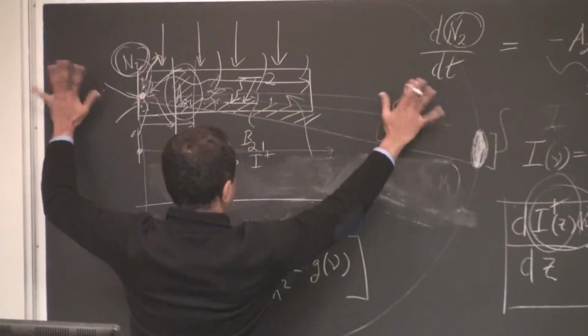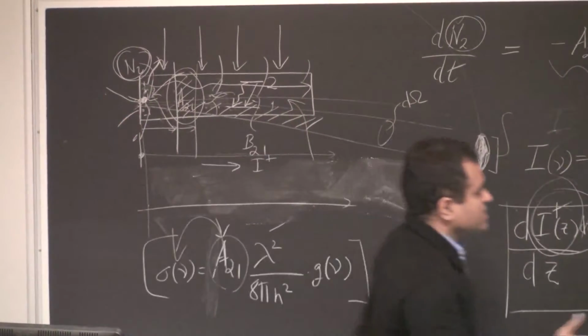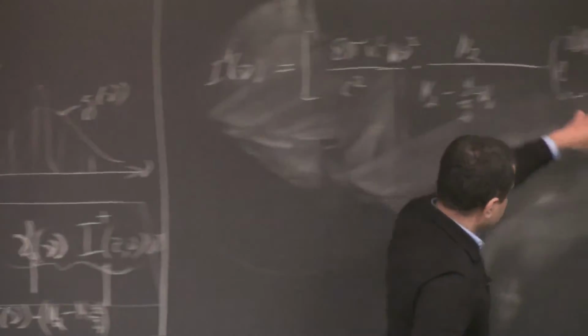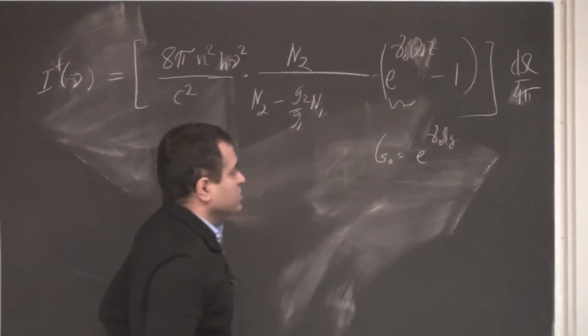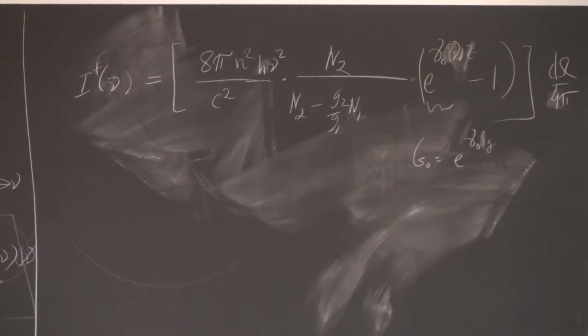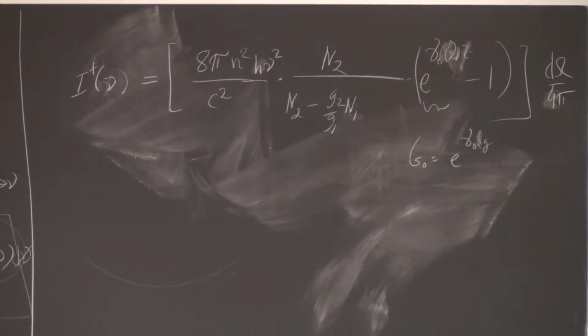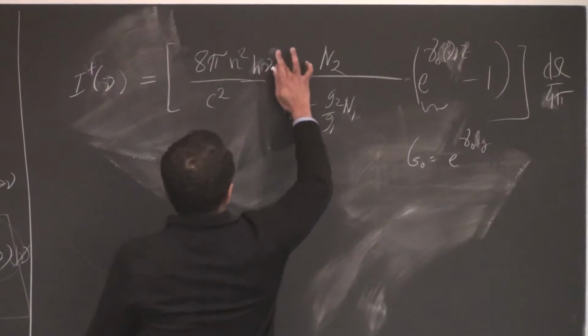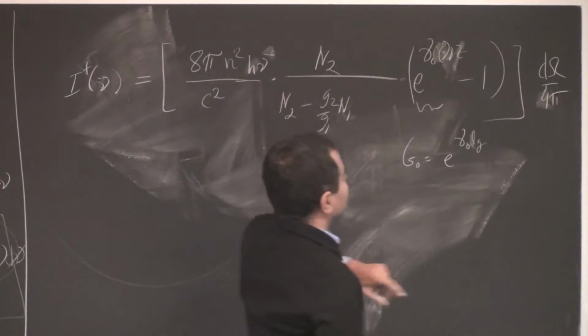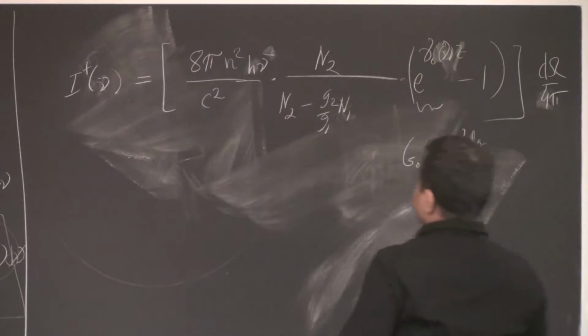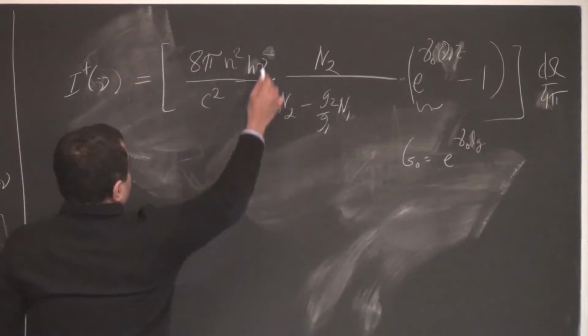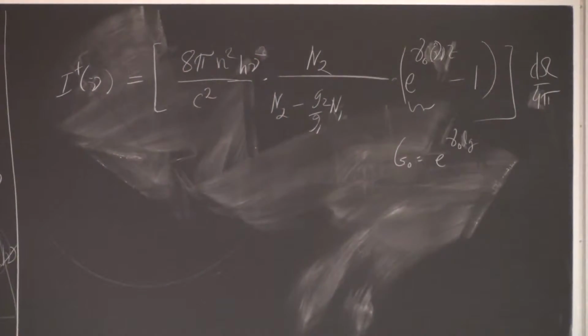So only this length appears in your gain, not the whole cavity or whatever distance you are going out to. And then h nu cubed, I think I should have h nu cubed over c squared. Right, so this is your spectrum, no mirrors, just amplified spontaneous emission.